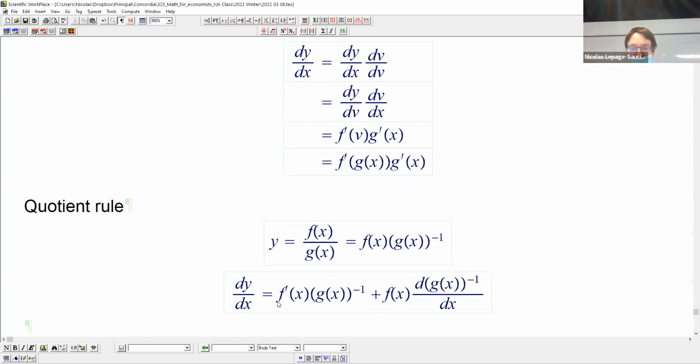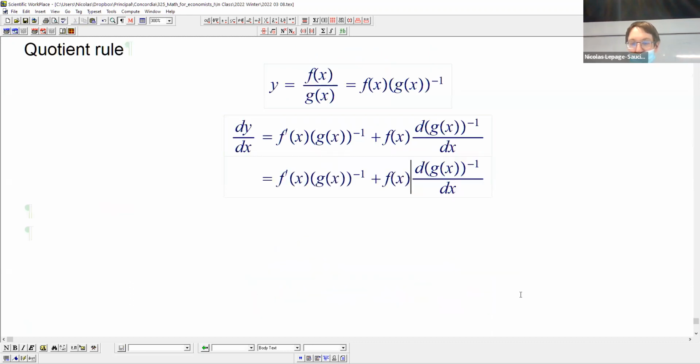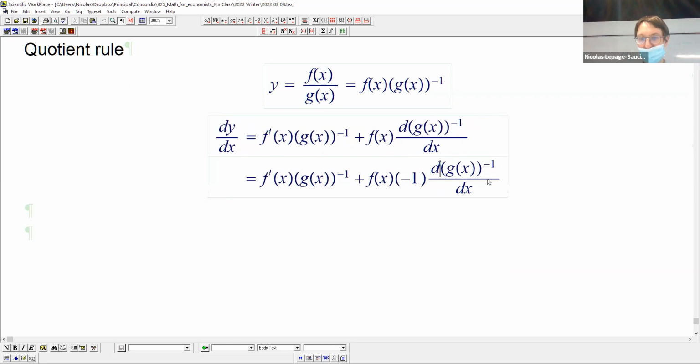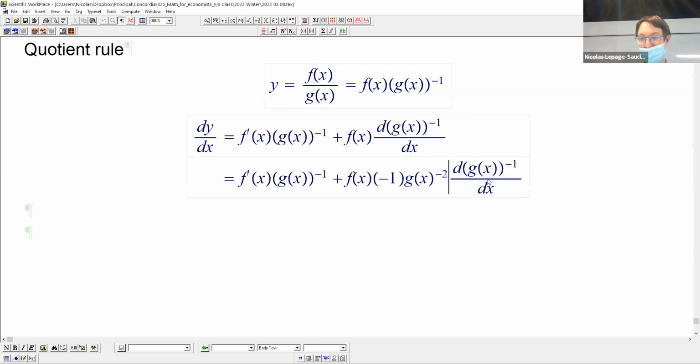All right, so this works, and then plus this thing there. And what is this? So using the chain rule, it's equal to -1 times g of x to the minus 2, multiplied by g prime of x.